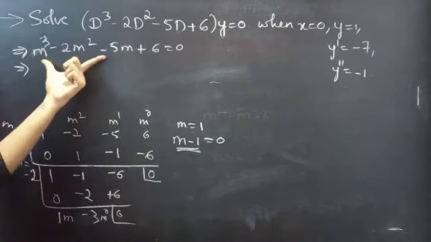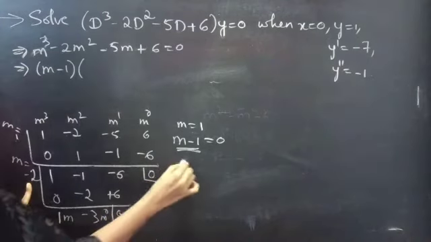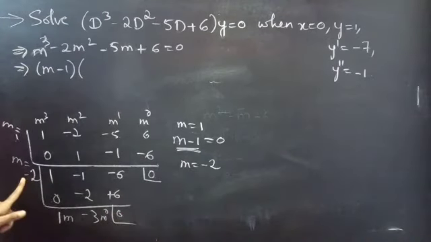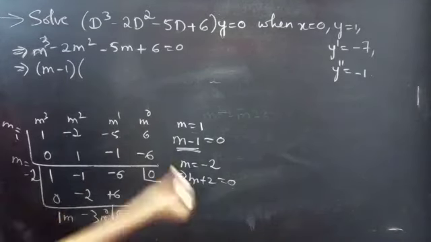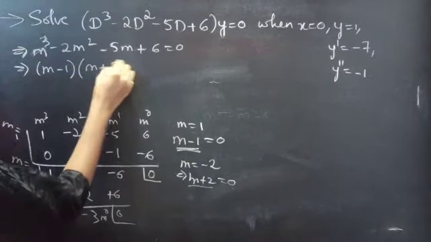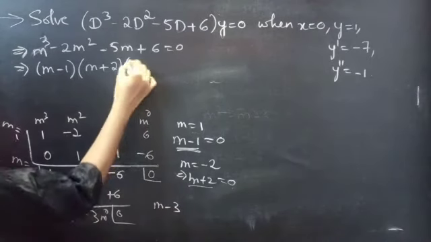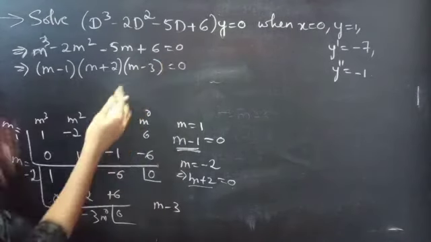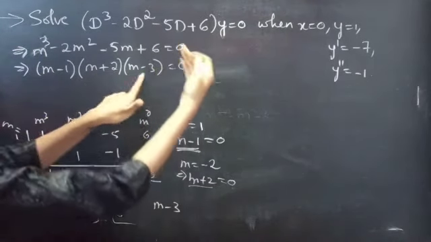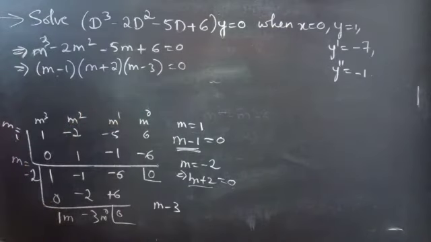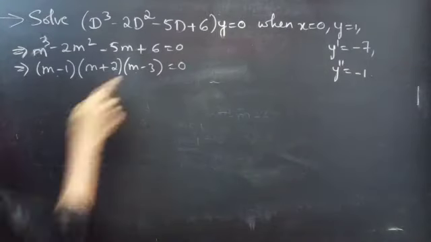From m equals minus 2 we get m plus 2, and from the last one we have m minus 3. So you can split this polynomial as m minus 1 into m plus 2 into m minus 3. If you want, you can check it by multiplying. Let's see what we'll get by multiplying these three factors.